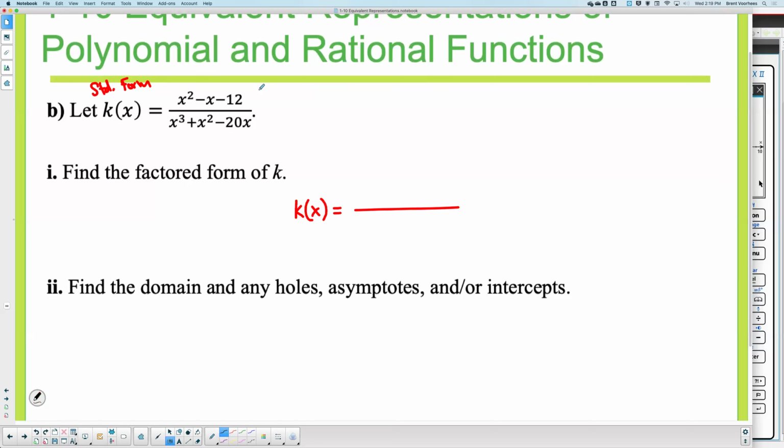Let's start with the numerator. How could I factor that? X method? What number goes at the top of my x? -12. What goes at the bottom of my x?